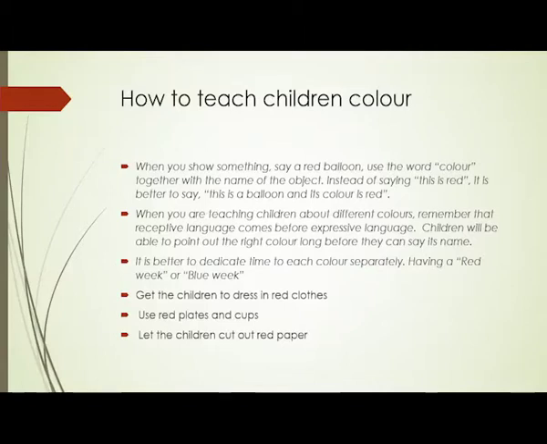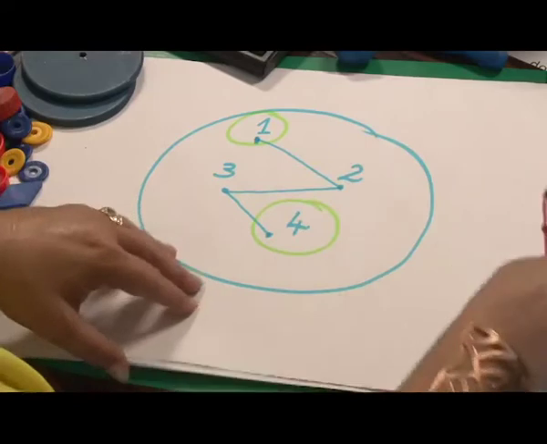Now, how do I teach my child color? When you show something, say it is a red balloon, use the word color together with the name of the object. This is a red pen or red cookie.